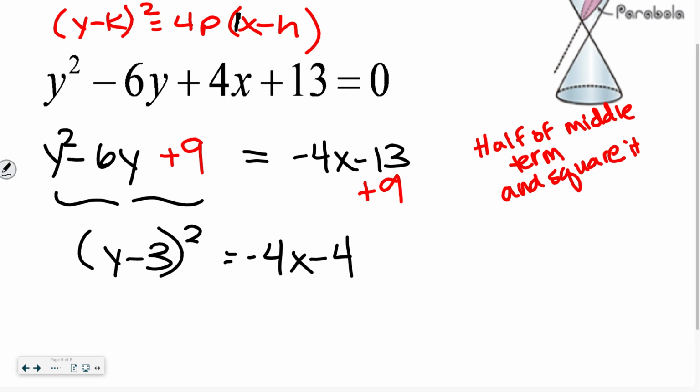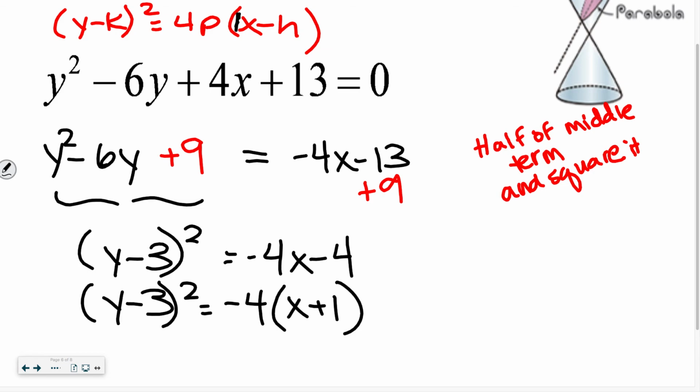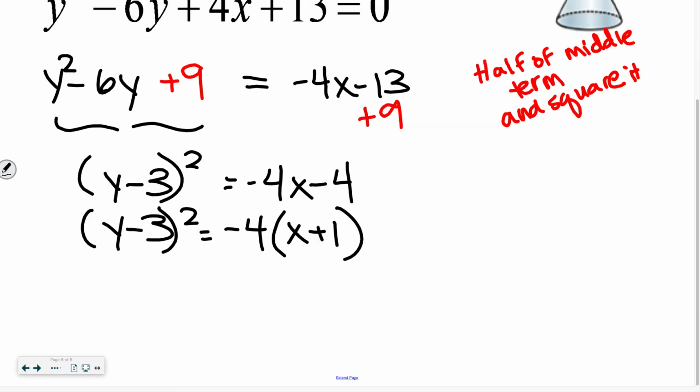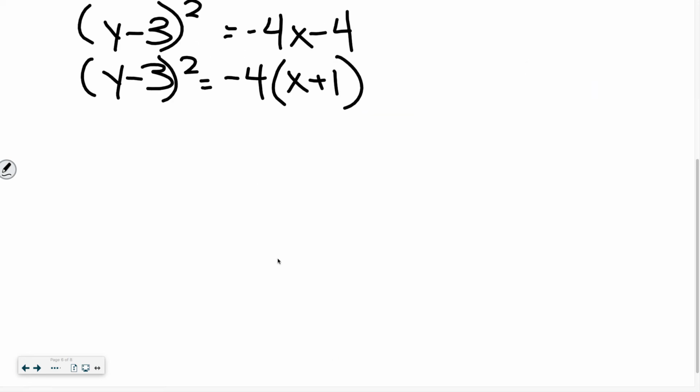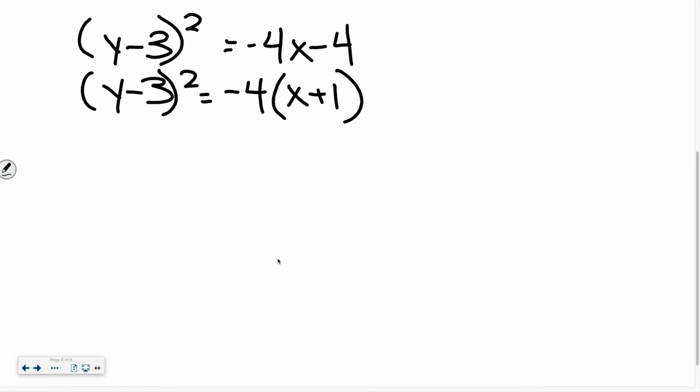So there's a negative 4 in front of it, I have to factor out negative 4. So that'll give me y minus 3 quantity squared equals negative 4 times x plus 1. And now it looks like the standard form. So you're going to do a little bit of algebra manipulation there. Okay, now be really, really careful, you guys. What is my vertex?